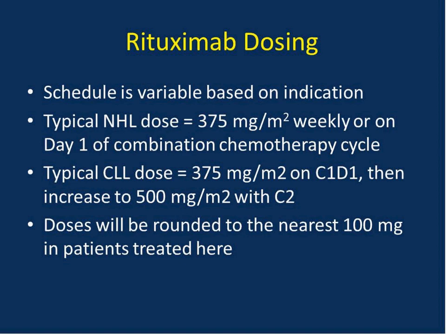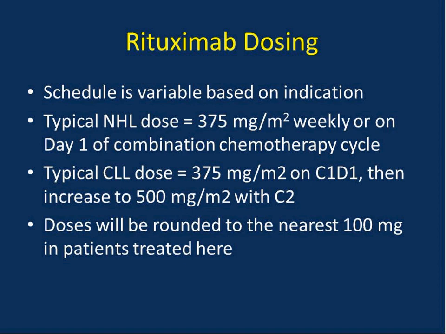With ALL, and this is where you tend to get into patients who might have doses higher than 1,000 milligrams, they typically will give 375 milligrams per meter squared on the first day of cycle 1, and then we'll increase to 500 milligrams per meter squared with cycle 2 and beyond.